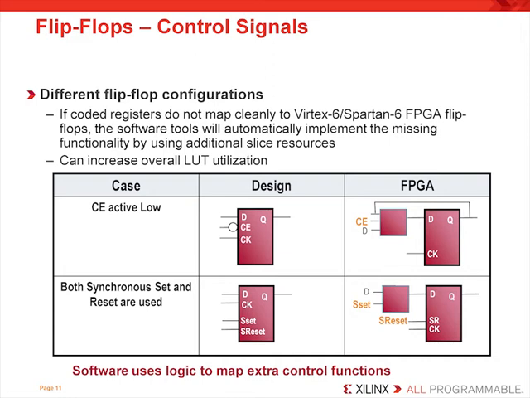Well, the answer is that since asynchronous sets and resets get access to the control port before the synchronous control signals, the asynchronous set would be connected to the flip-flop rather than the synchronous reset, as shown in the diagram. This would then force the synthesis tool to map the synchronous reset to a LUT input.